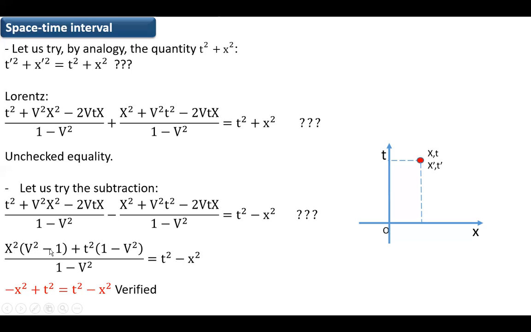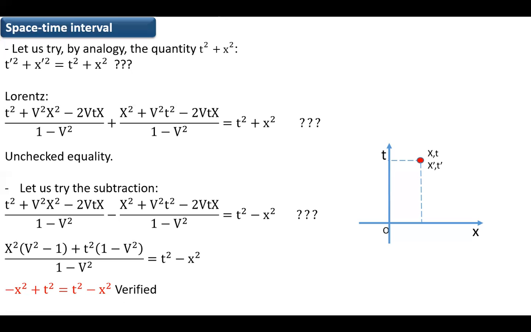If you put the minus sign outside and you simplify by 1 minus v squared, you will get minus x squared plus t squared, which is of course equal to minus x squared plus t squared. So this equality is verified, is checked.